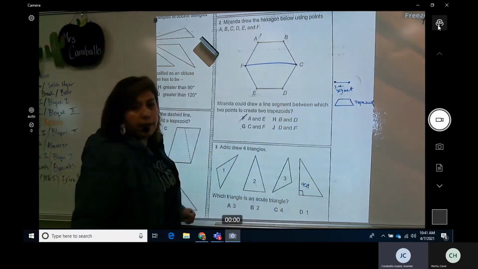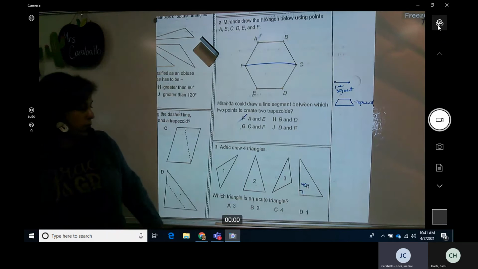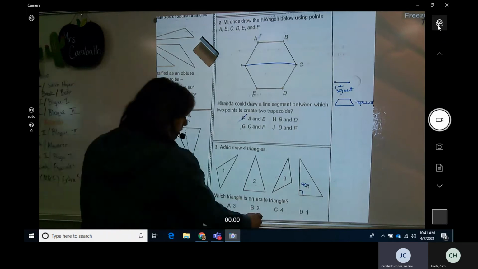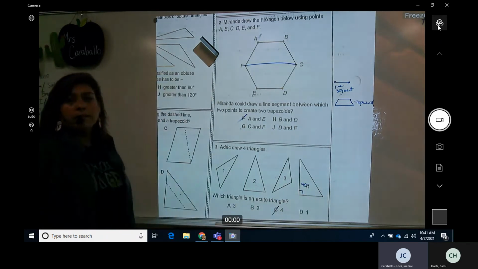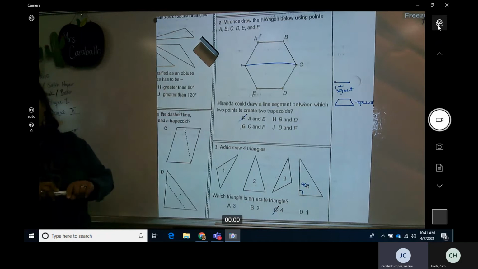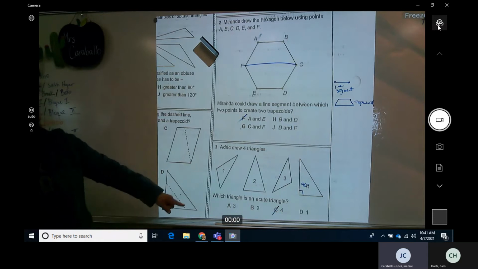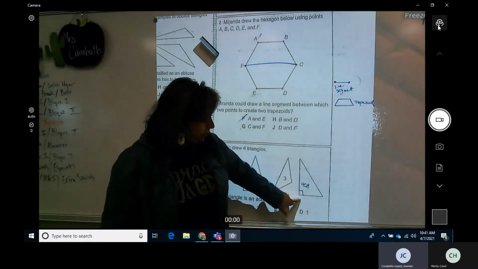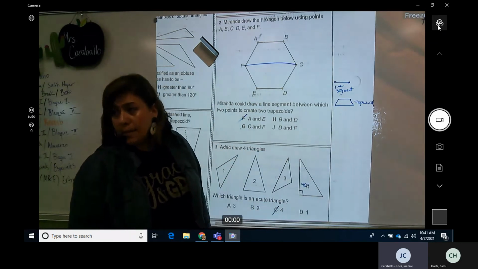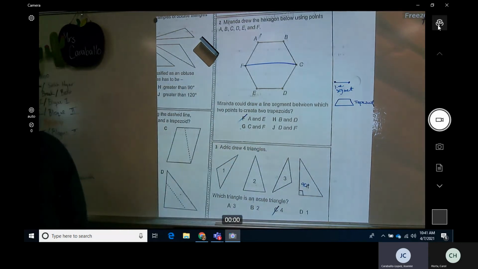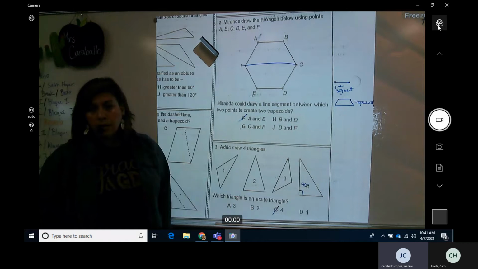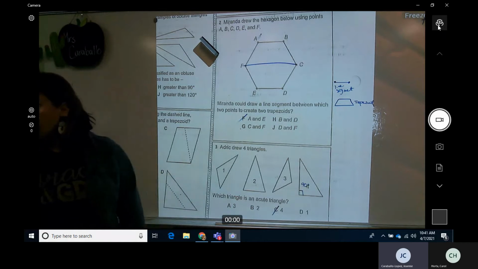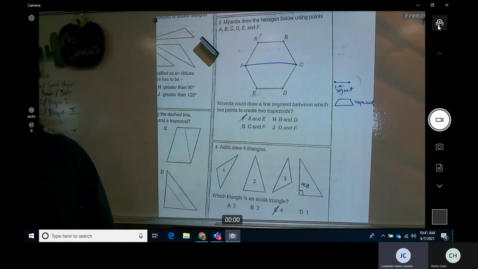A right angle, correct? So it cannot be C, correct? So who said C? The people that have said C, look at it. Do you understand why it cannot be C? Do you see the right angle? This is a straight line. You see how it makes a square corner? Cannot be C. So what's my answer? B. Look at B. Okay? It is B. All right? Got it?